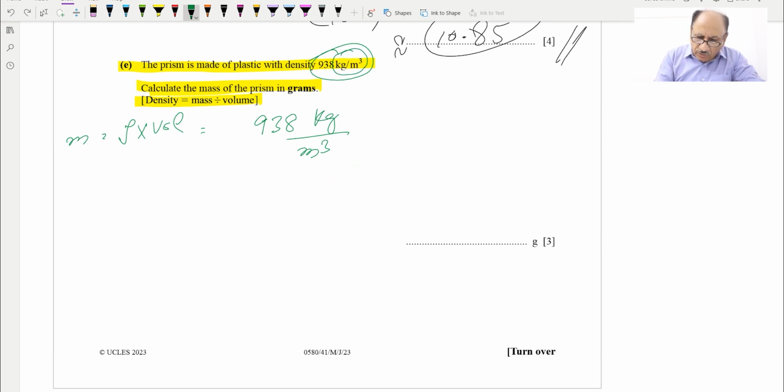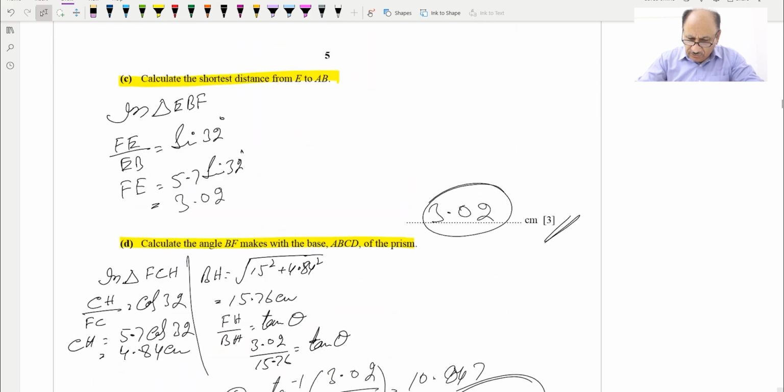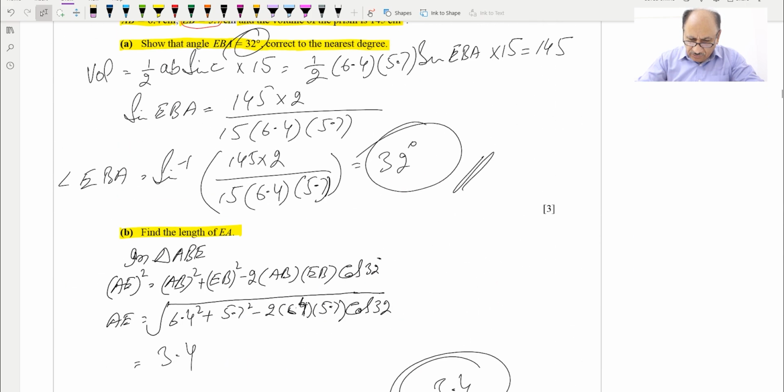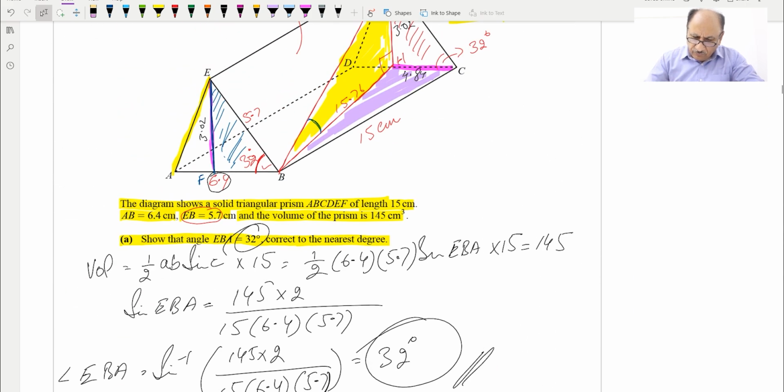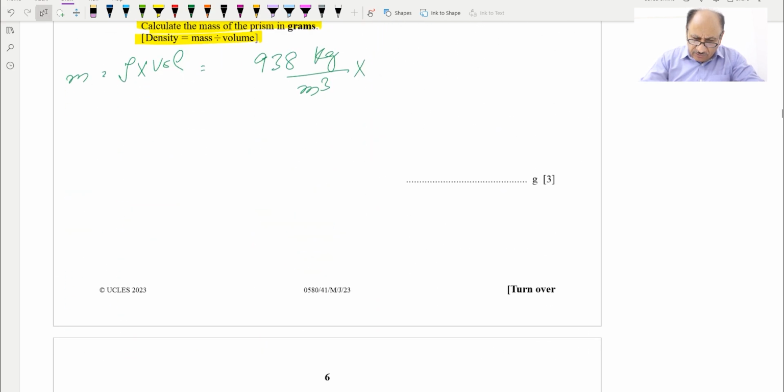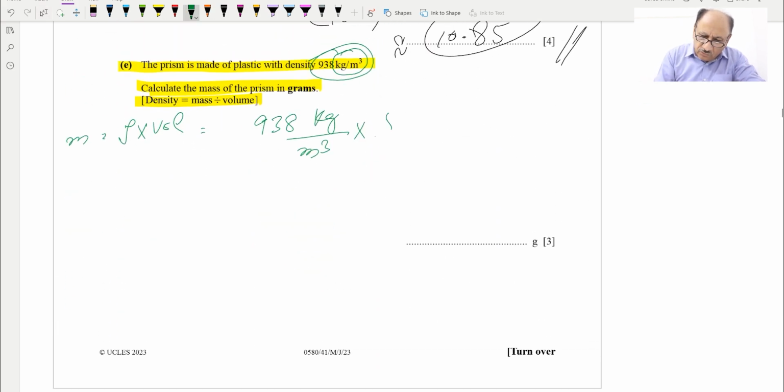Hopefully you understand this. Now this will be multiplied by the volume. Volume of the prism basically is provided, 145. So we will multiply this by 145.